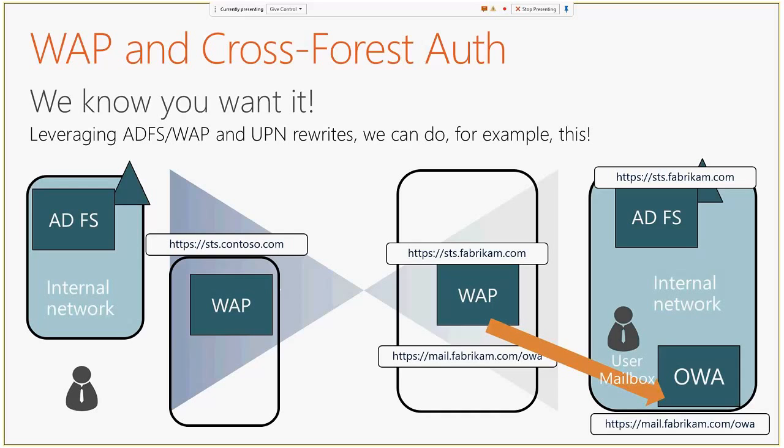So the value proposition of this is that you can have your users use their own credentials from Contoso.com in that scenario, work against mailboxes that are actually in Fabricam.com and log on to those without any forest trusts in place, with nothing in place really. This works with ADFS authentication for Exchange. This also works with KCD authentication for Exchange. So the trick behind that is that we are rewriting UPN claims.